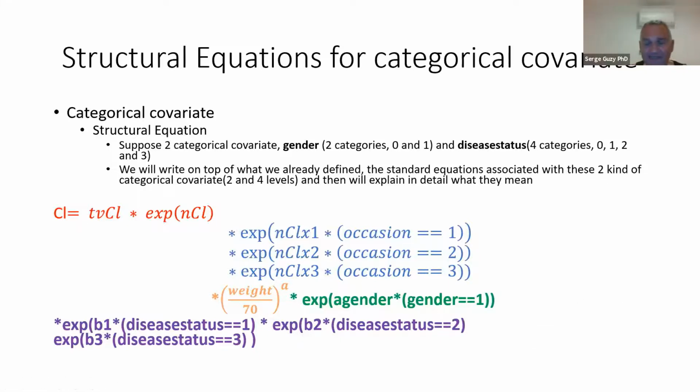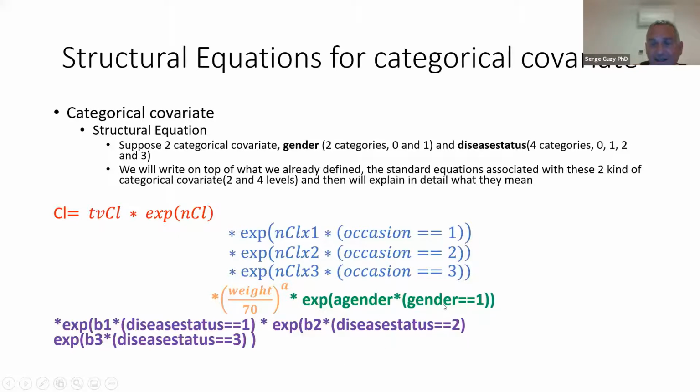Now let me give you an example, and the next slide is going to show us an example. Suppose that I don't have inter-individual variability. Suppose that I don't have inter-occasion variability, and suppose that the weight is 70. Then what I'm left with is TVCL multiplied by the green box. And forget about the disease status.